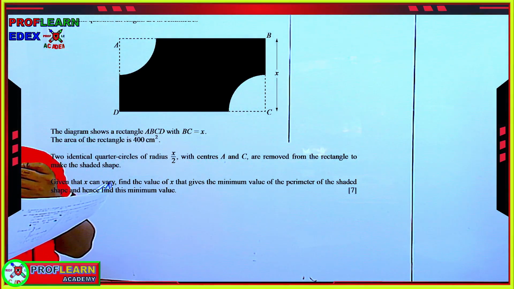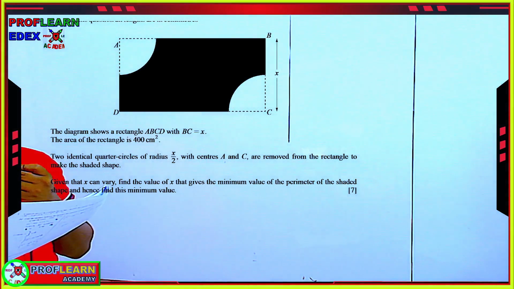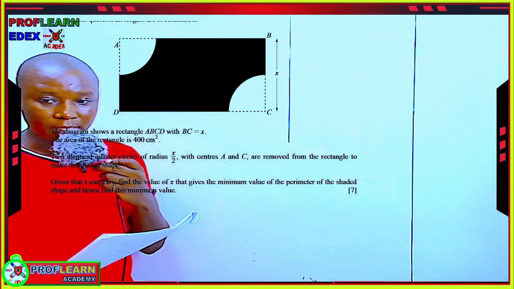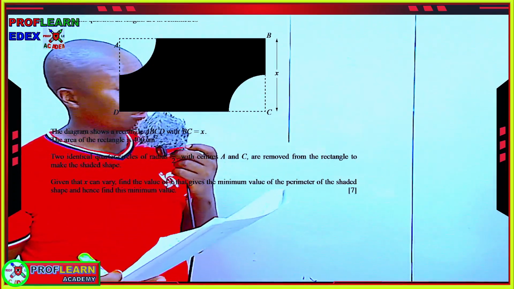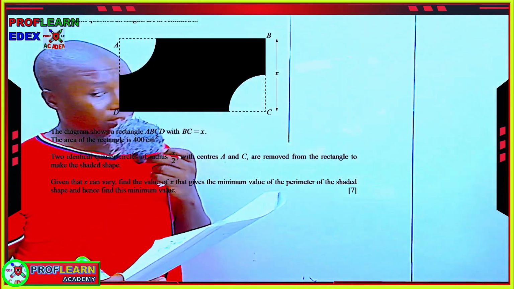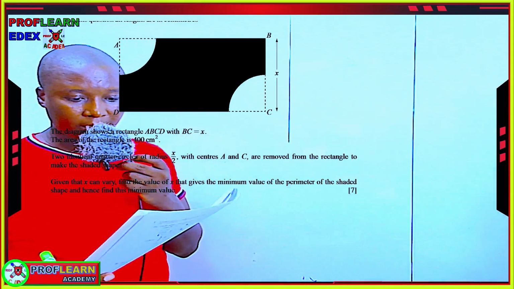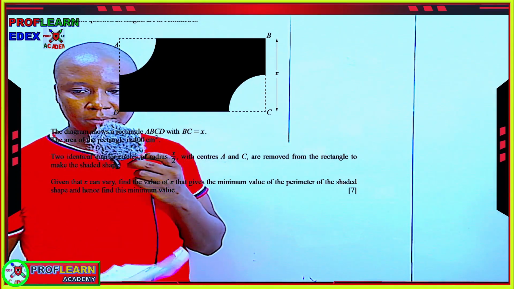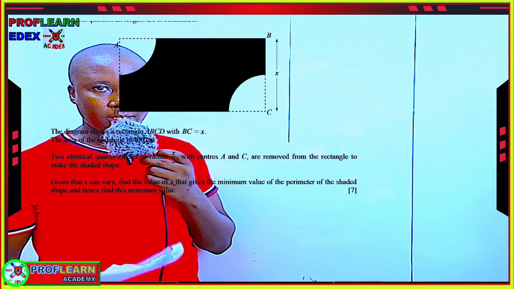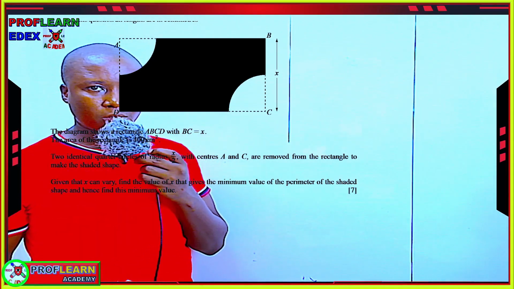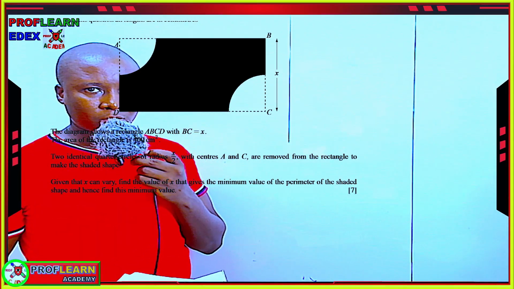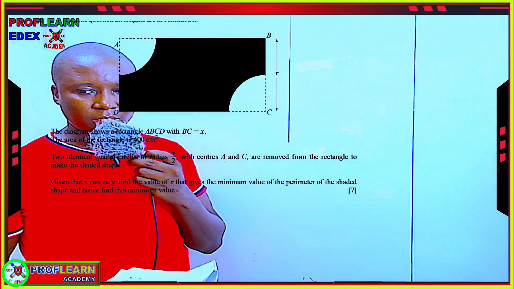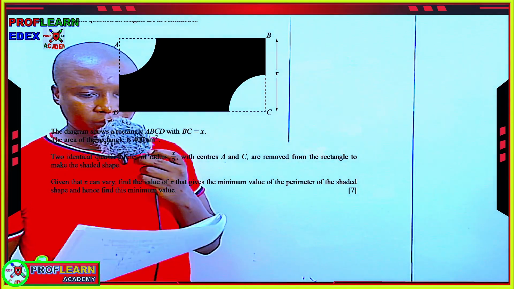We are told the diagram shows a rectangle ABCD with BC equal to x, and the area of the rectangle is 400 square centimeters. You can see from the diagram that BC is basically the width of this shape, and the width BC is equivalent to x.